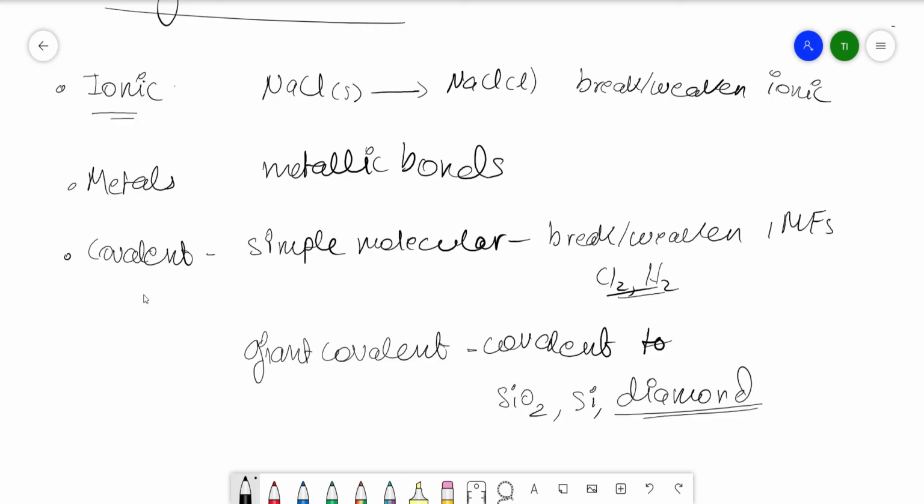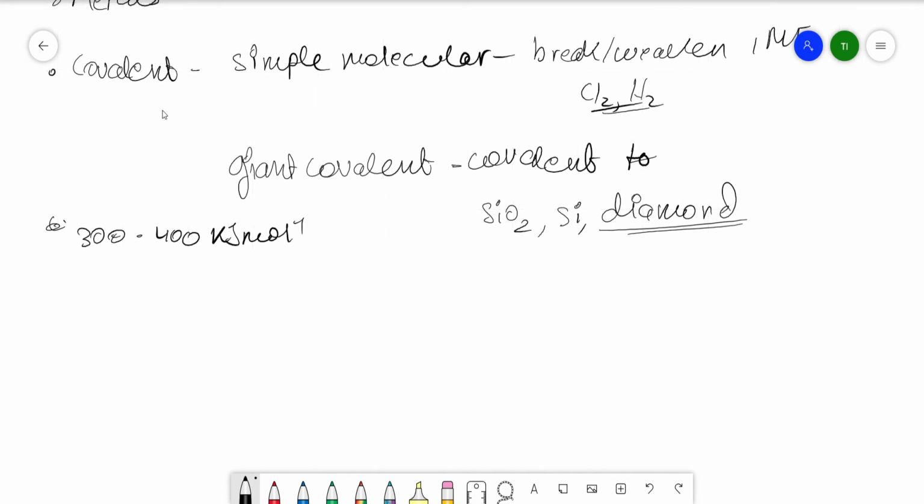For instance, a covalent bond might require 300 to 400 kilojoules of energy to break, whereas the strongest intermolecular force, the hydrogen bond, takes about 40 to 50, and induced dipole to dipole takes around 1 to 10, if I recall correctly. So this is why giant covalent molecules have a much higher melting point. That is something you have to remember.